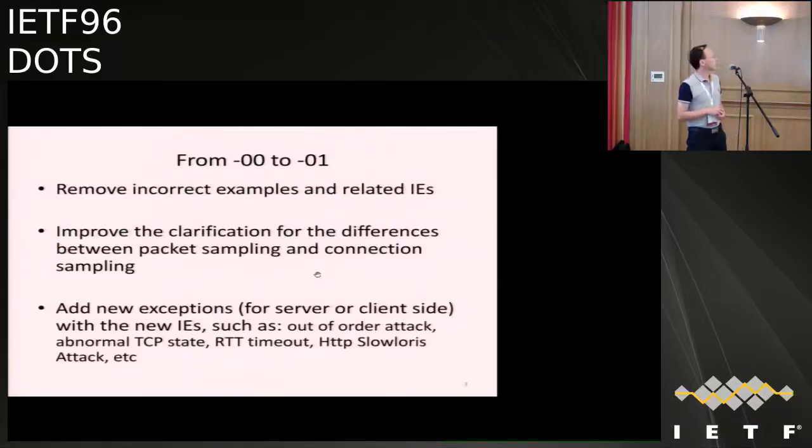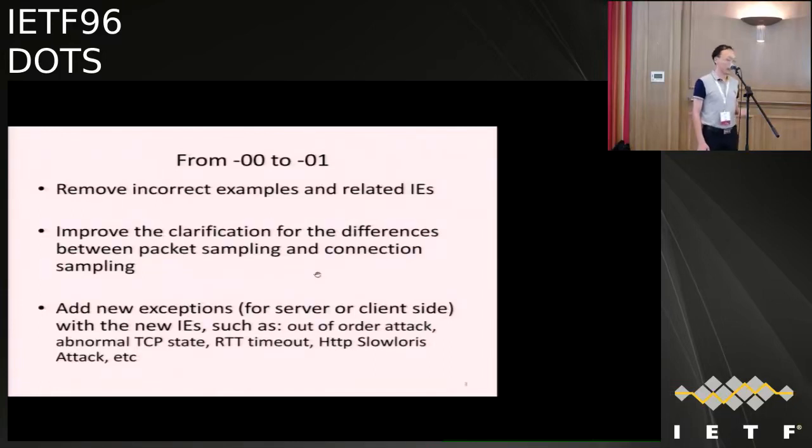Here I list some changes from version 0 to version 1. I removed some incorrect examples. For example, in version 0, it says some small sessions will have small characteristics. I think this is not true, so I removed it. In version 1, there are two improvements.